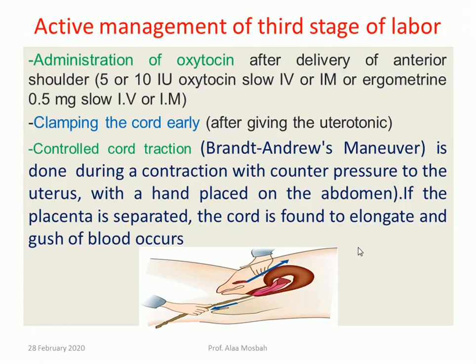Then early clamping of the cord after giving the uterotonic, and controlled cord traction, what is called the Brandt-Andrews maneuver, as you see in this picture. We do gentle cord traction during uterine contraction, and at the same time the other hand pushes the body of the uterus and fundus upwards. Okay, this is called controlled cord traction.